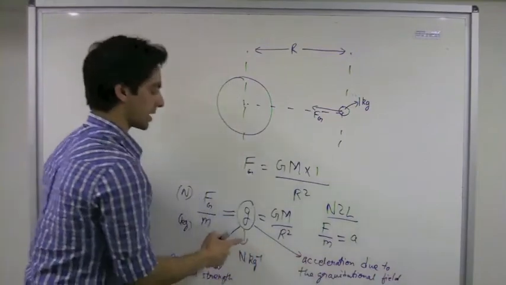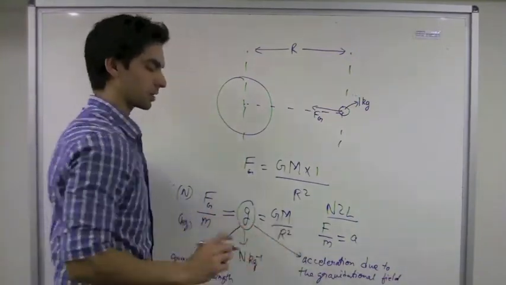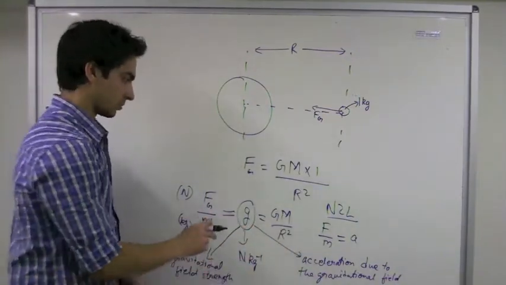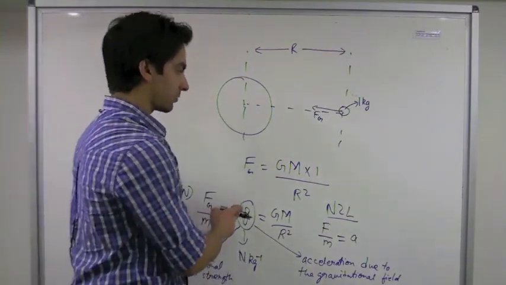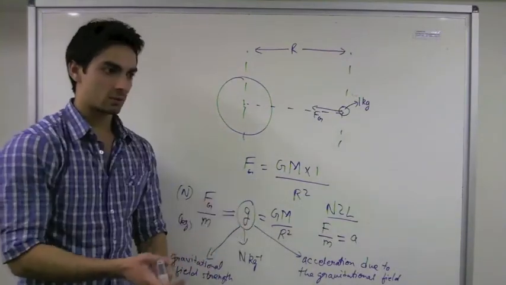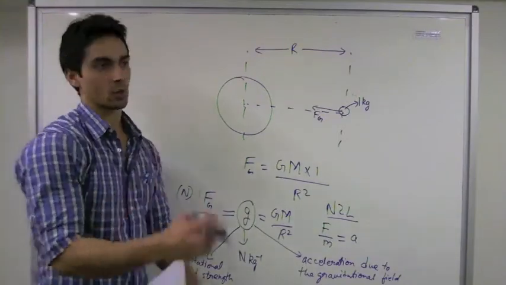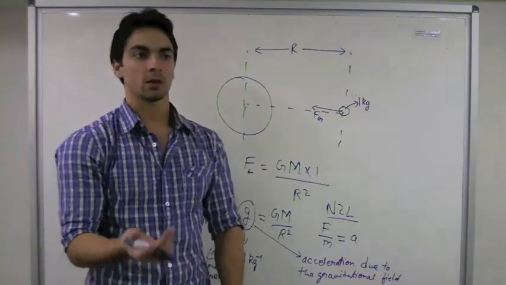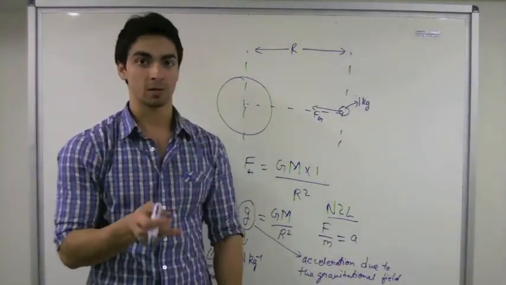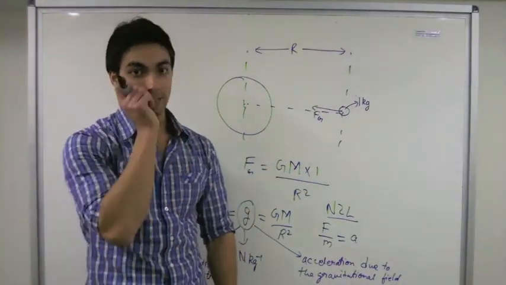So if, for example, the gravitational field strength is 10 newtons per kg, it can also mean that at that point in the gravitational field, there is an acceleration of 10 meters per second square on any mass.